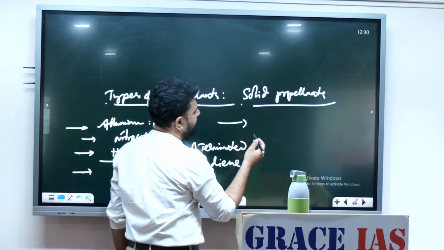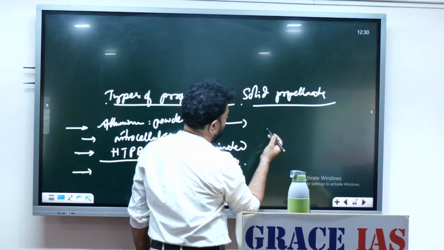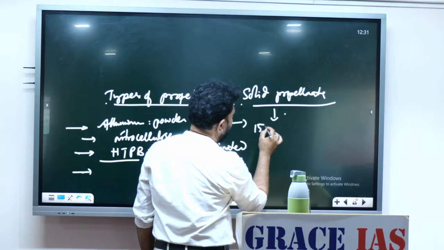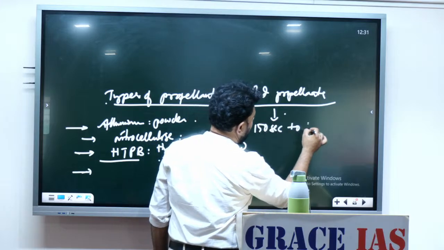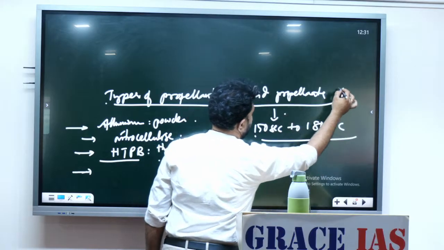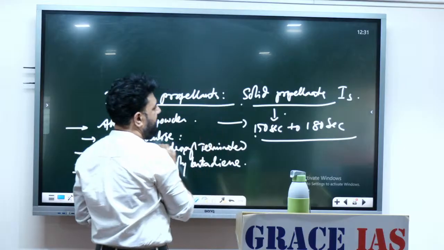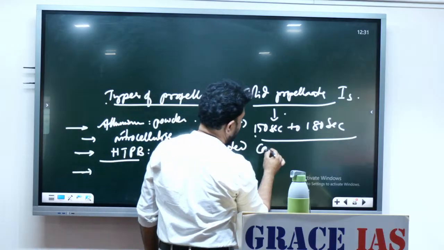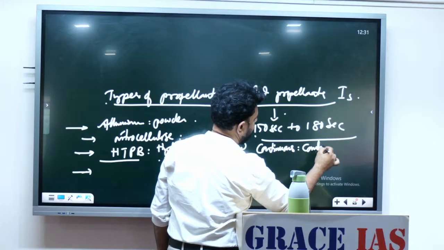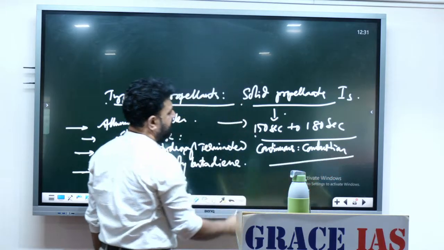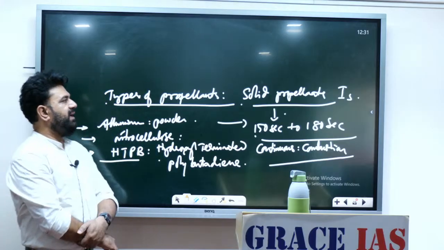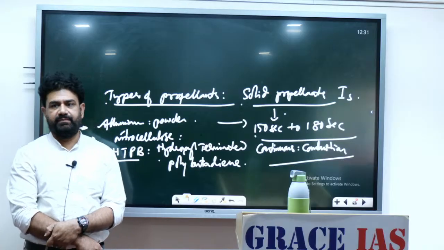Solid propellants provide a specific impulse of approximately 150 seconds to 180 seconds. They burn continuously, providing escape velocity. So there is no stopping. Once you start the engine, the entire propellant has to burn completely, you cannot stop it.